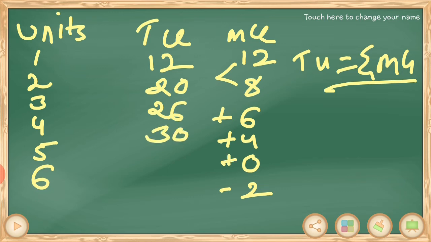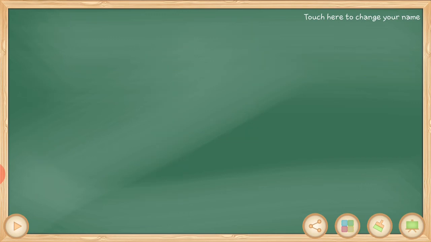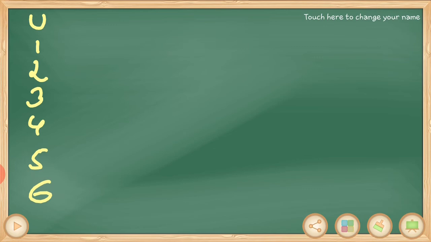So plus 0, 30, then minus 2, 28. So in this way total utility is calculated. So we will solve one more example. Units are 6. TU and MU. First we will calculate MU.